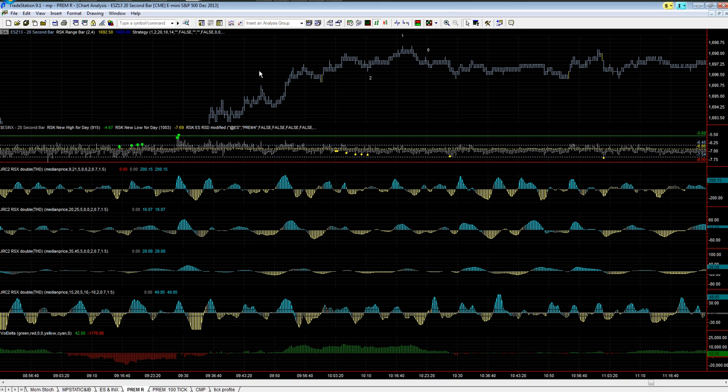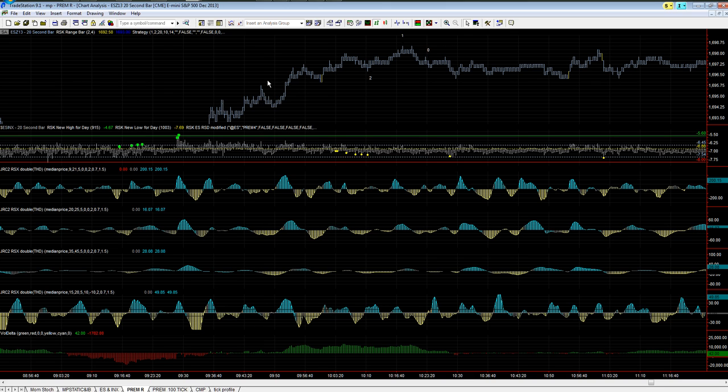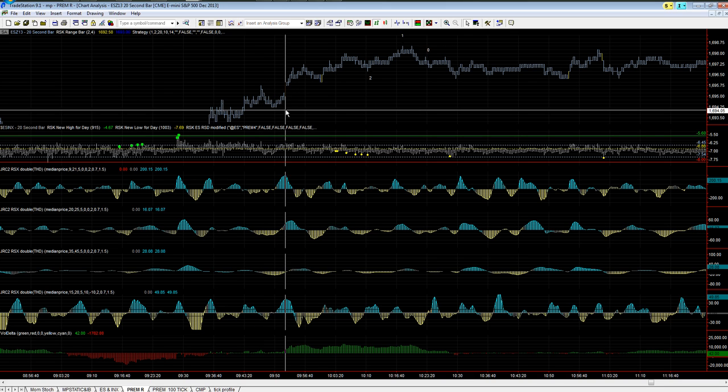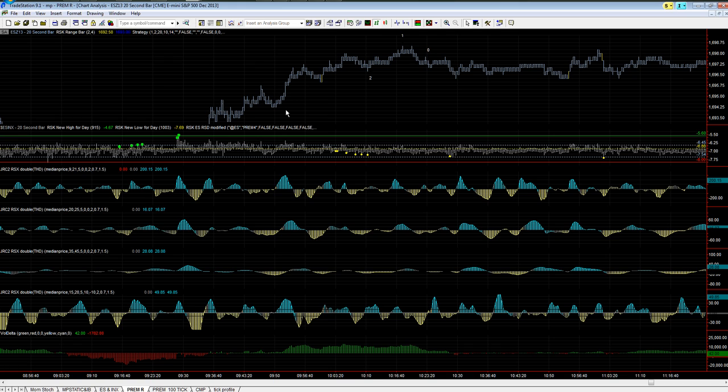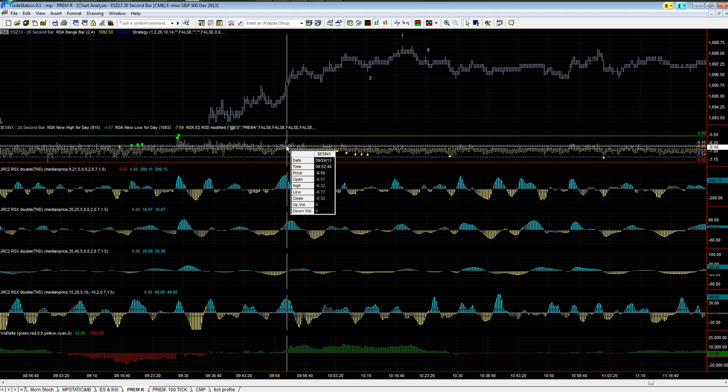So we can expect that the market will continue to go higher than it was on this bar. At that time it was 95.75. When we come back to 95.75, we get another higher high on the premium, this high being higher than the previous one.